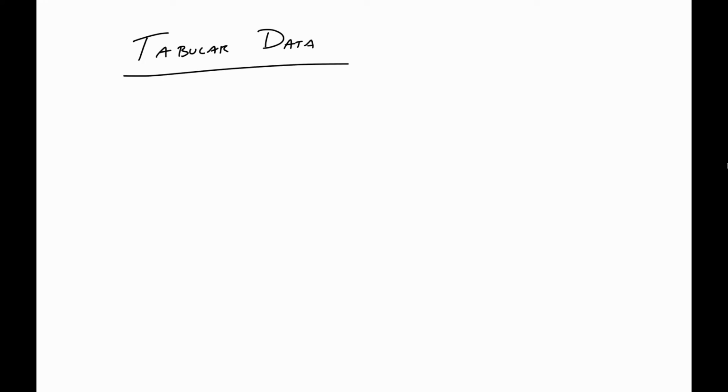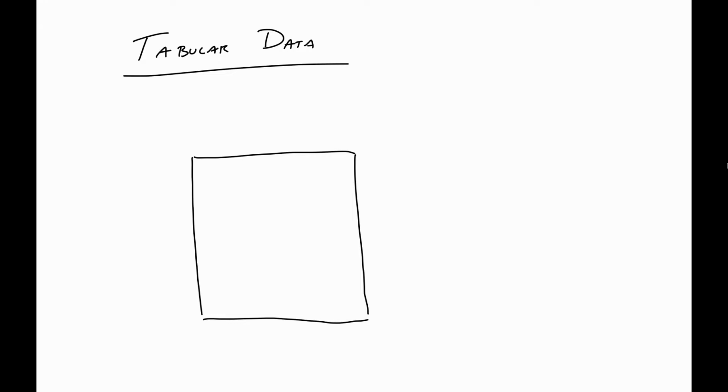And really, all that is, is a shorthand for saying this is data that can be presented as rows and columns. So the way you should think about that in your head is something like this. The data frame notion from R is really useful for thinking about this. So this data has rows, and it has columns.